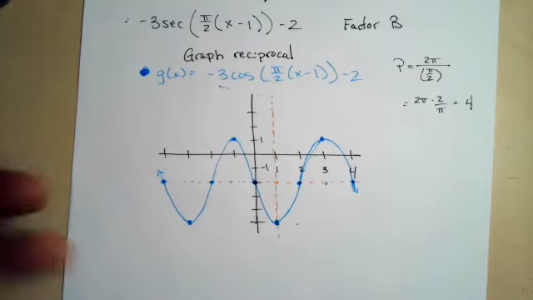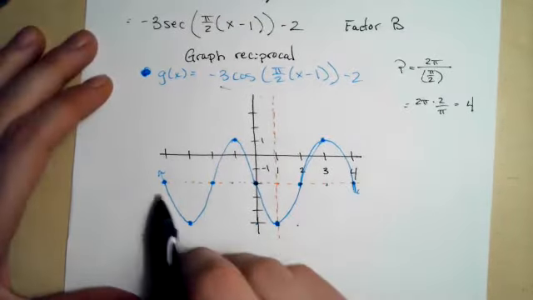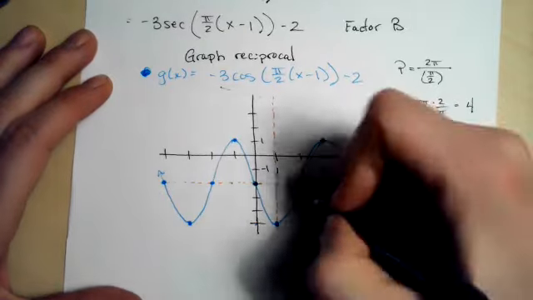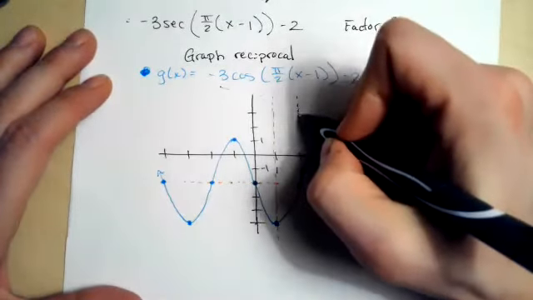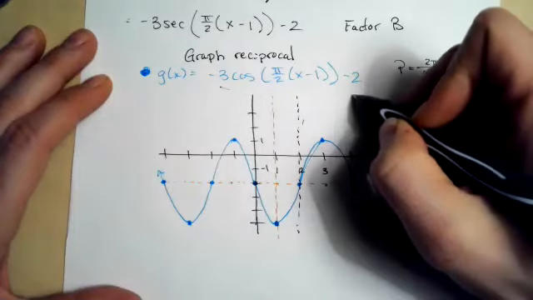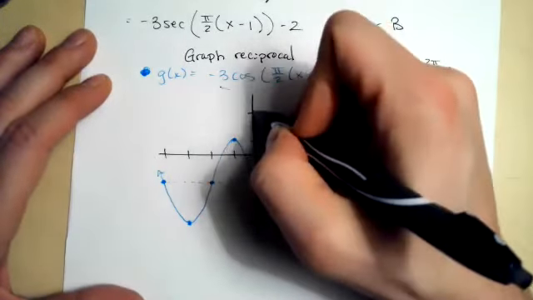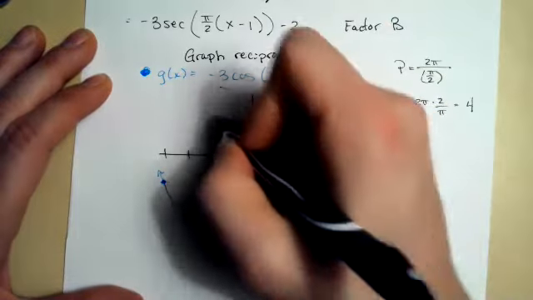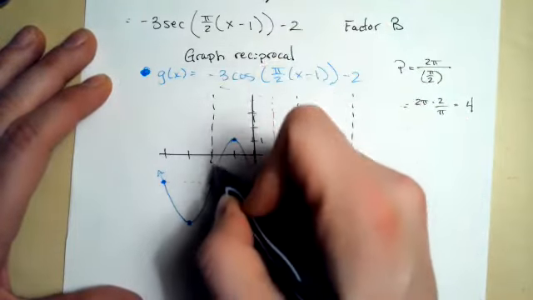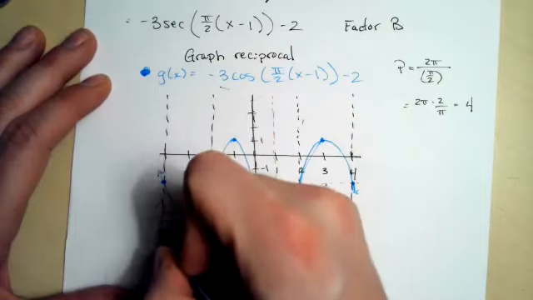Once you've graphed cosine, which we've got, anywhere where it touches the midline, draw an asymptote. So it'll be an asymptote at the y-axis, asymptote here, and an asymptote here.